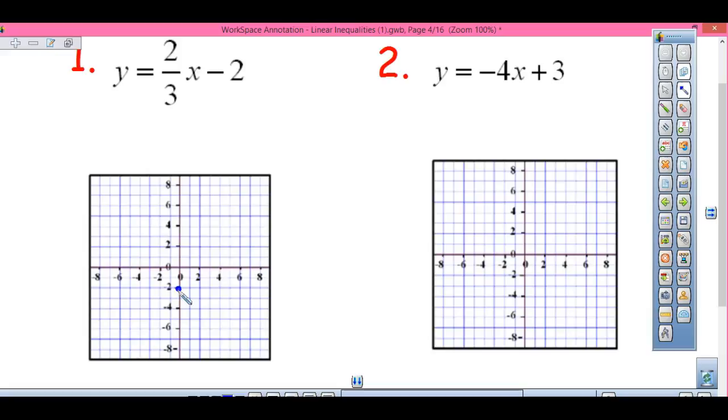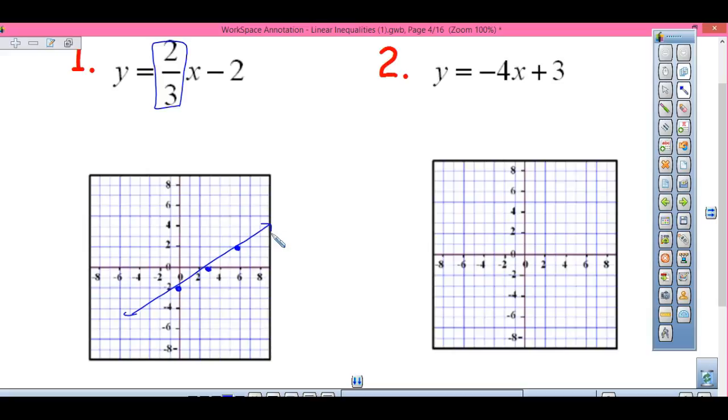Since this is my slope, this tells me the top is always, do I go up or down? And then this tells me to go over. So I'm going up 2, over 3, up 2, over 3. I've got my line.